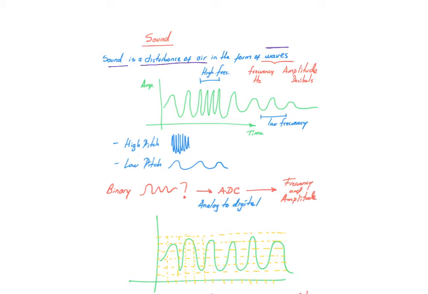So waves are described by their frequency and amplitude. Frequency means how many times per second, or cycles per second, the wave is vibrating, right? And the amplitude is how big the movement of the air, of the molecules of the air, is.